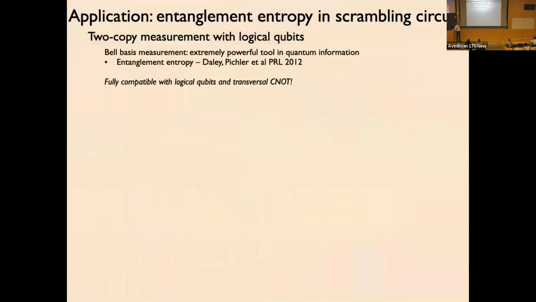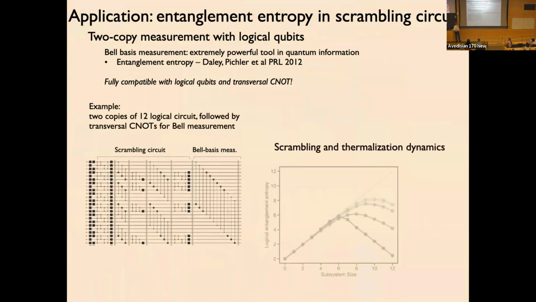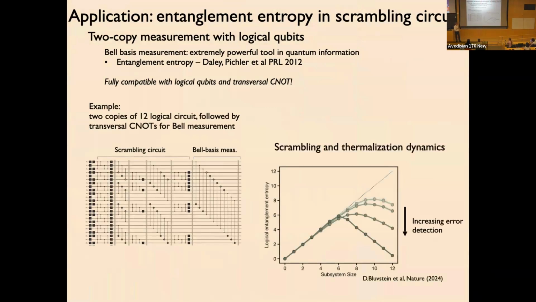Maybe I don't want to rush through this, but once you create a state, you can measure things like entanglement. You create two copies of the state, and then using a Bell measurement, this swap trick, you can measure the logical entanglement entropy. What is shown here is that as the subsystem becomes larger, the entanglement entropy grows.